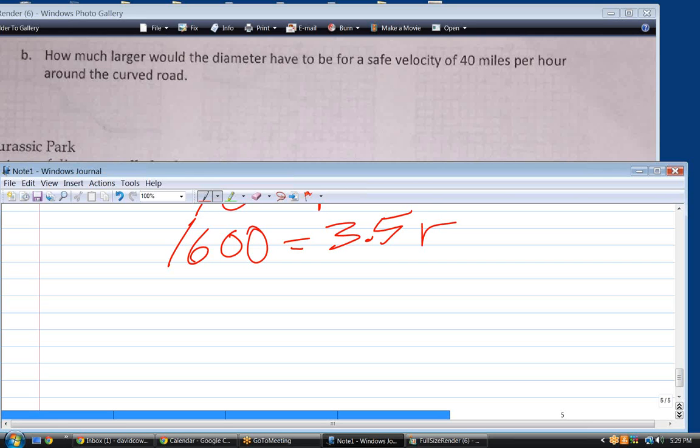What's the next step to solve for R? Okay. So this is our answer for R, but they didn't ask about R, they asked about diameter. So what do we need to do?